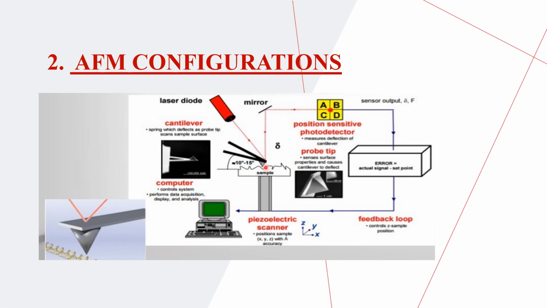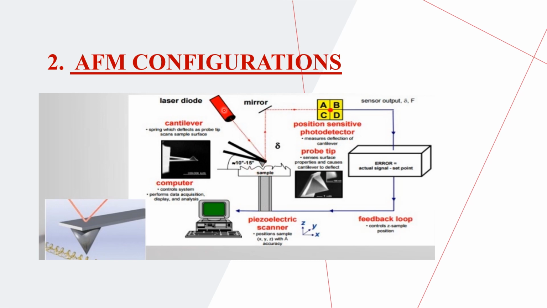It senses the surface properties and causes the cantilever to deflect accordingly. The whole atomic force microscope probe and cantilever is microfabricated, made up of silicon nitride. Silicon nitride has the property of high strength and fracture toughness at high temperature.